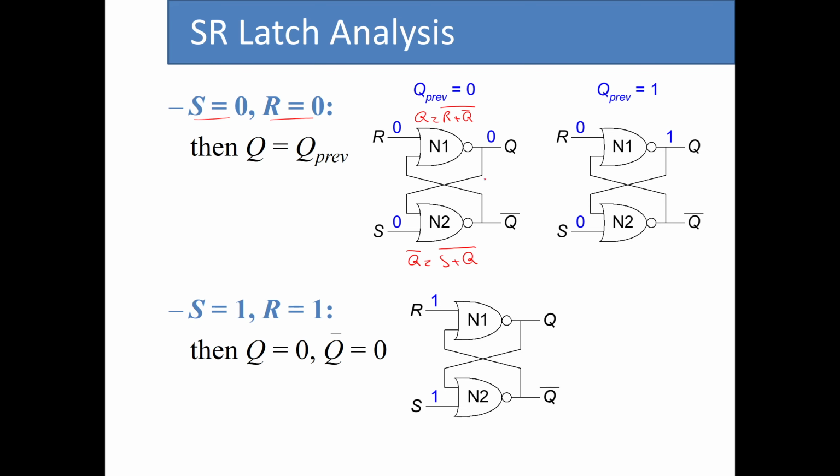But for this one, we cannot say anything. So since we cannot say anything directly from the inputs, what we can do is whatever we did for the analysis of the bistable circuit. Since we are working with binary values, the value for Q is either 0 or 1. It cannot be anything in between.